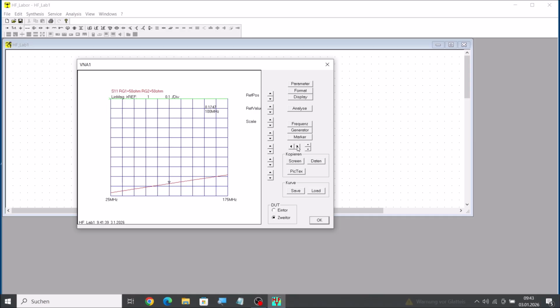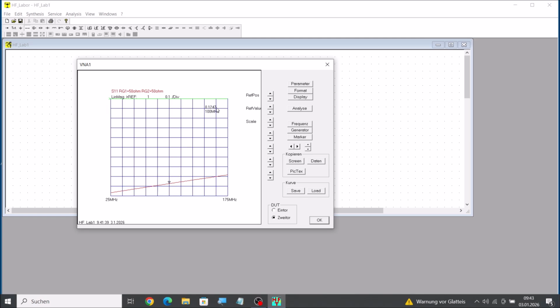And here we have the value now. In our approximation we got a value of 0.126, and now with the correct simulation tool we get a value of 0.125 roundabout.